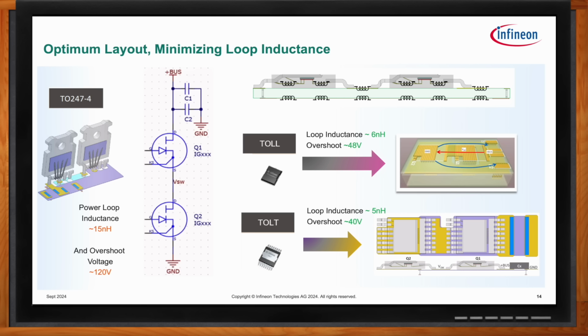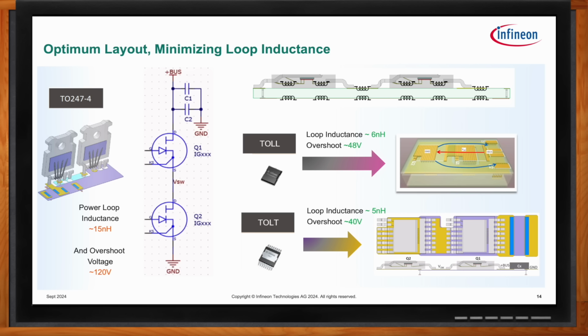In the case of the bottom side TOLL package, the return path is still not fully coupled with the top inductive elements, since space needed to be allocated for the thermal vias to take the heat away from the devices through the board. However, in the case of the top-side cooled devices, as shown at the bottom, as well as previously discussed in the top image, there is full utilization of mutual inductance coupling, which naturally leads to the lowest overall loop inductance.